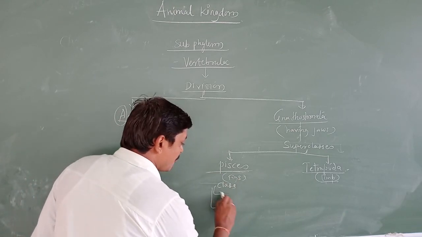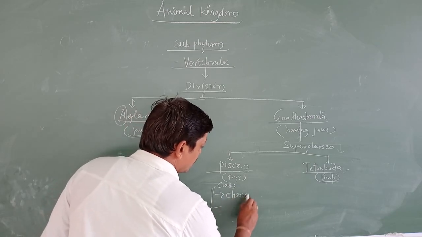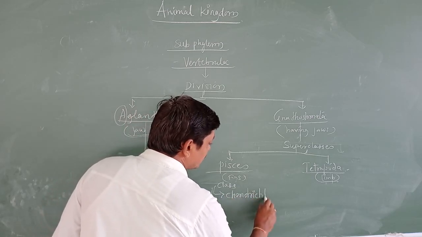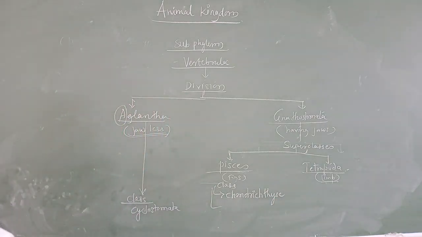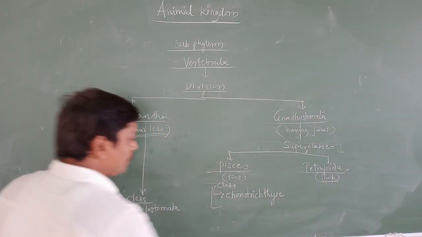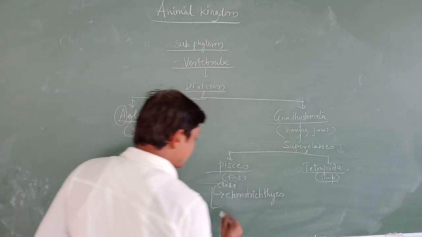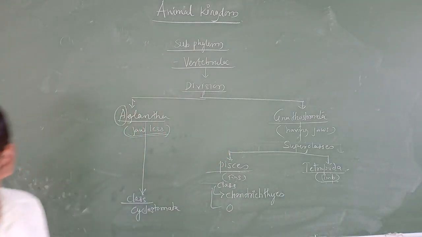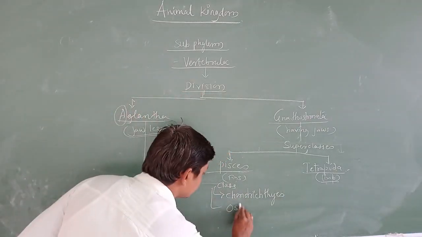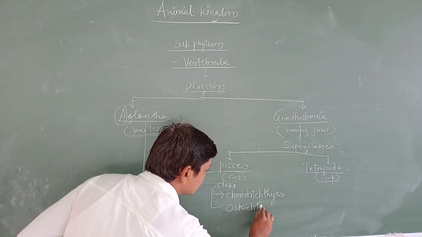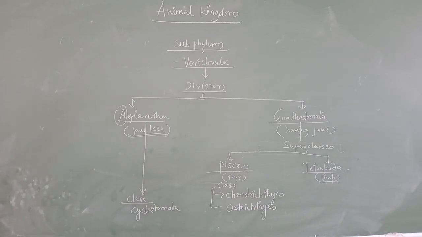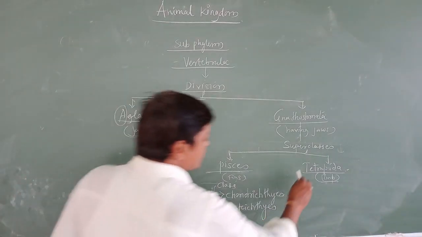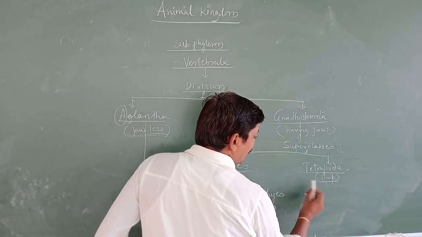The first class is chondric fish, and the second one is ostick fish. Chondric fish and ostick fish. And this Tetrapoda is divided into four classes.